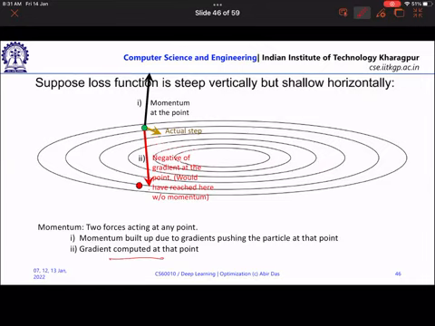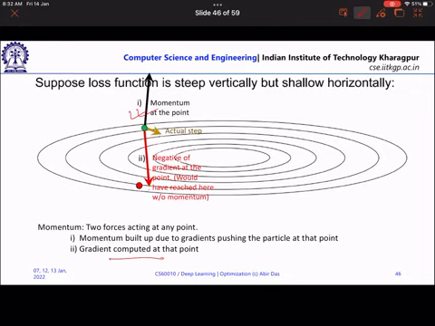If you think about this analogy, then the momentum-based method tells that what you are doing in stochastic gradient descent is that you are not considering momentum. You are not considering what you have built up, what has put you here. You are just considering the force that is instantaneously applied.